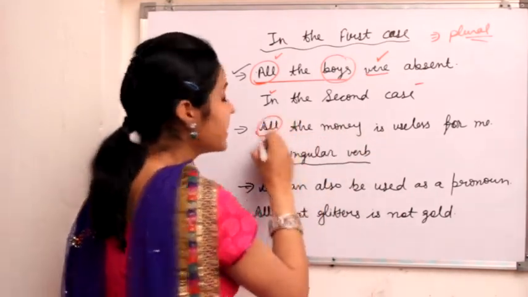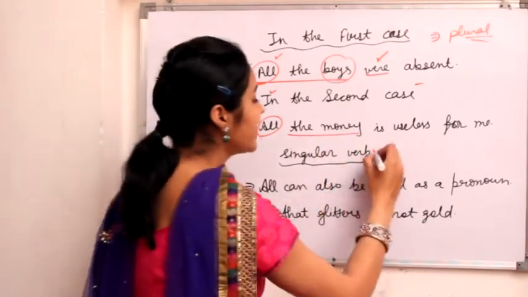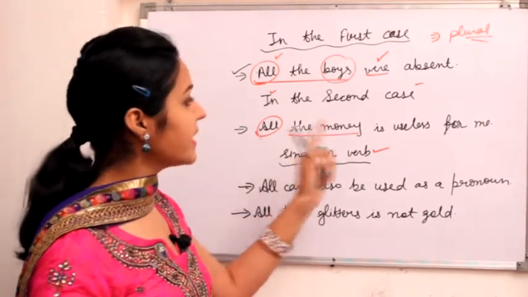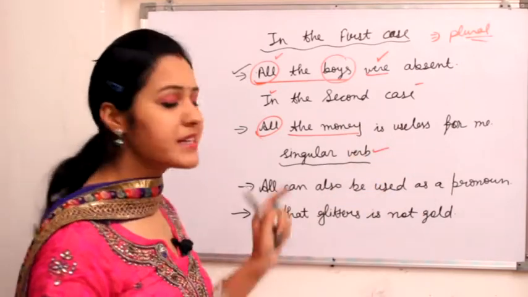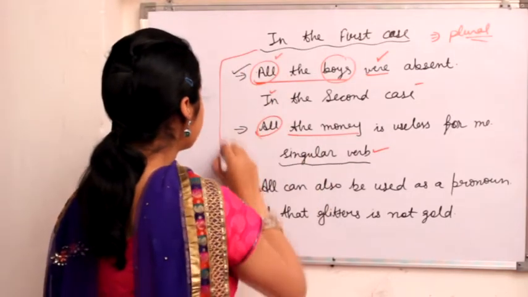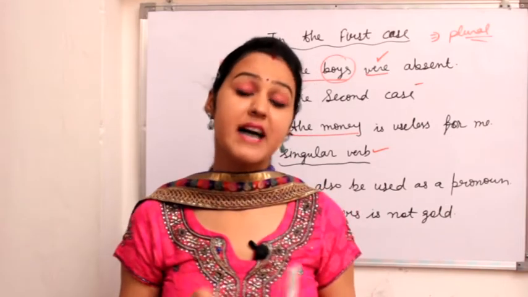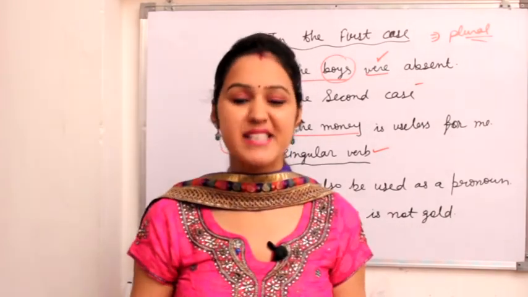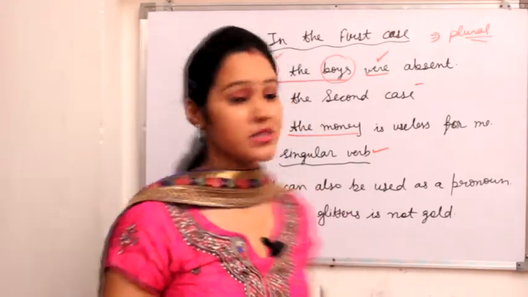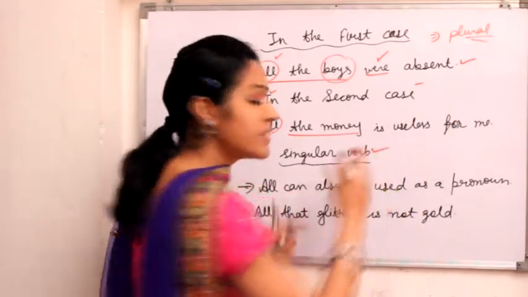Here I use all with the money, so it takes a singular verb. Both sentences are very different. I just mean to say that all is used with countable and uncountable nouns. So here I explain plurals and here singulars.